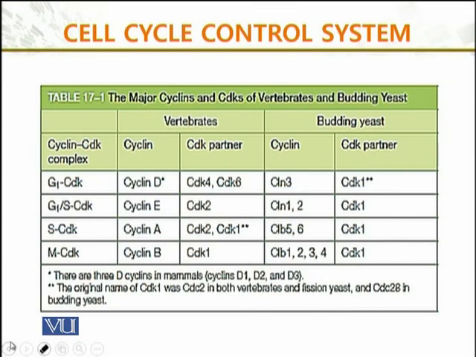The major cyclins and the CDKs of vertebrates and the budding yeast have been illustrated. There are three D cyclins in mammals, cyclin D1, D2 and D3, and the original name of CDK1 was CDC2 in both vertebrates and fission yeast.